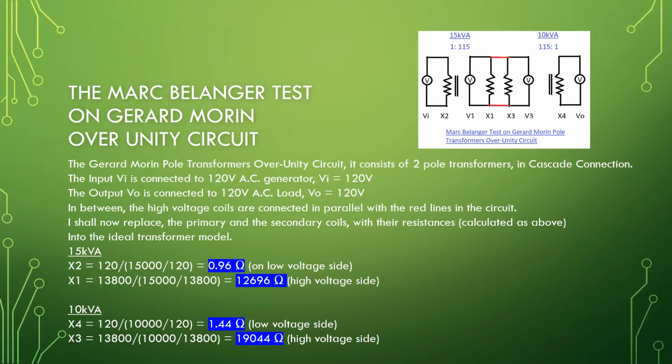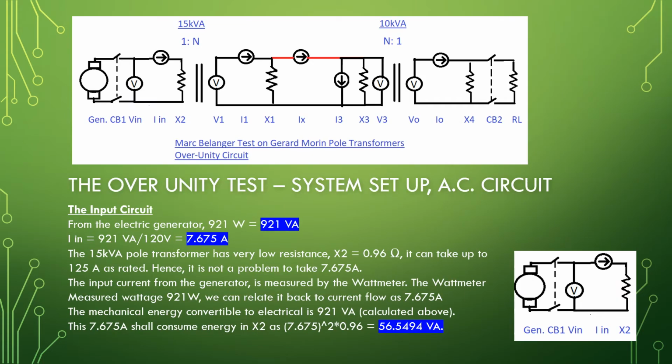X3 equals 13,800 divided by 10,000 divided by 13,800 equals 19,044 ohm, high voltage side. The input circuit. From the electric generator, 921 watt equals 921 VA.